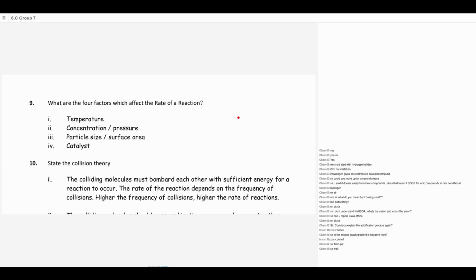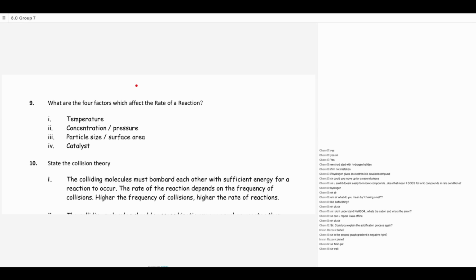There are 4 factors which affect the rate of reaction. Temperature, as we are discussing O levels, concentration or pressure, particle size or surface area, and catalyst. Concentration is used to explain how the rate is affected by the concentration of a solution.